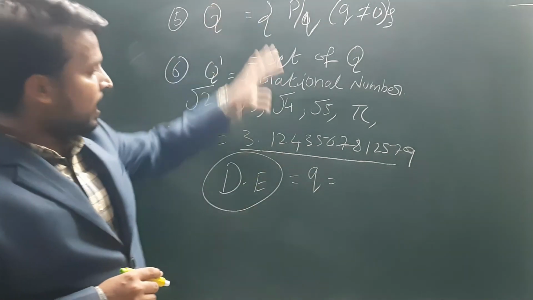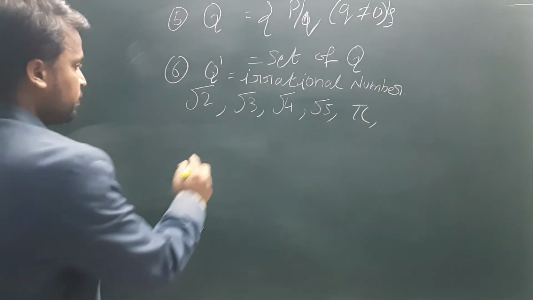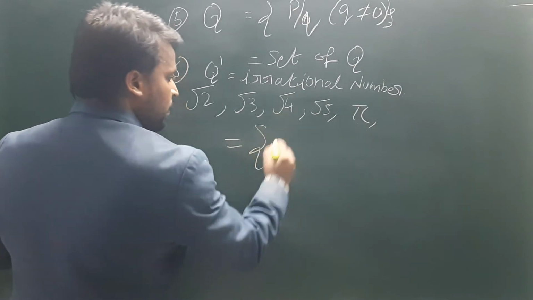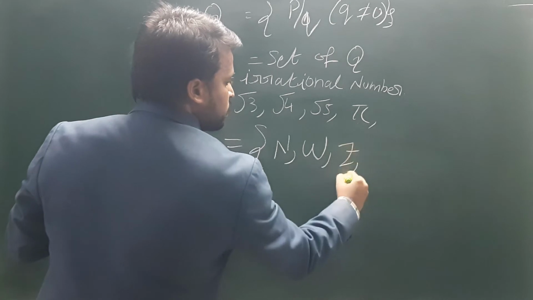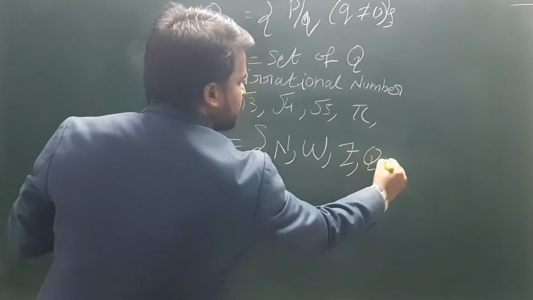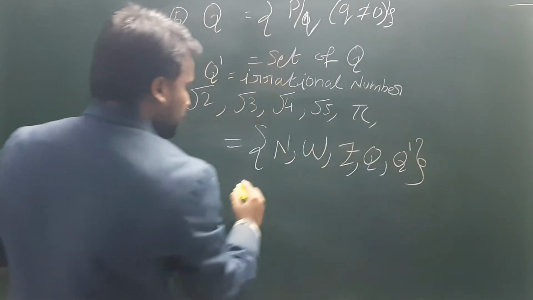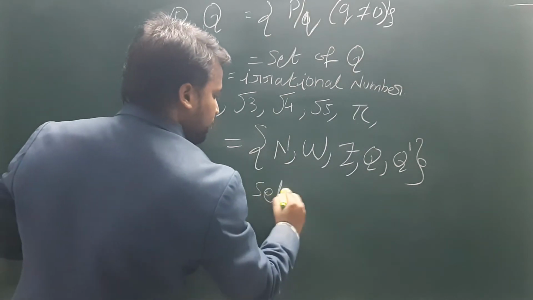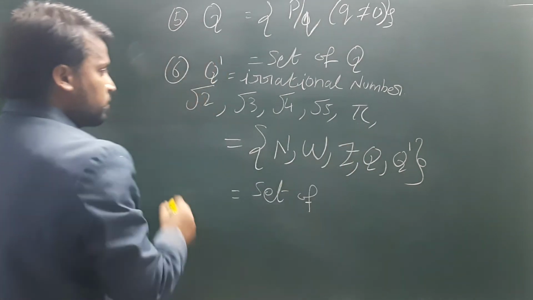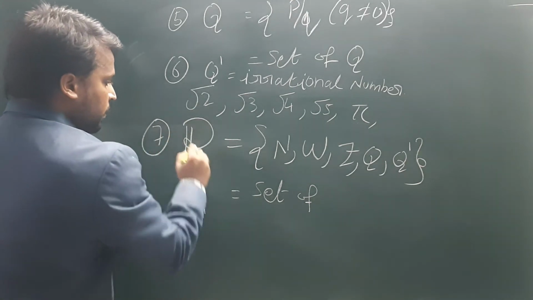The collection, or the set, of natural numbers, whole numbers, integer numbers, rational numbers, as well as irrational numbers, the set of all these types of numbers, that is the bigger one, which we call the real numbers.